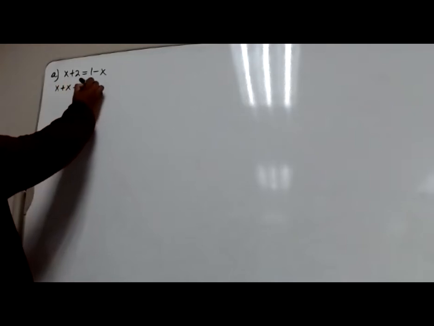Let's get the x's on one side. If I want to move that minus x here, what do I need to do? Add x to both sides.